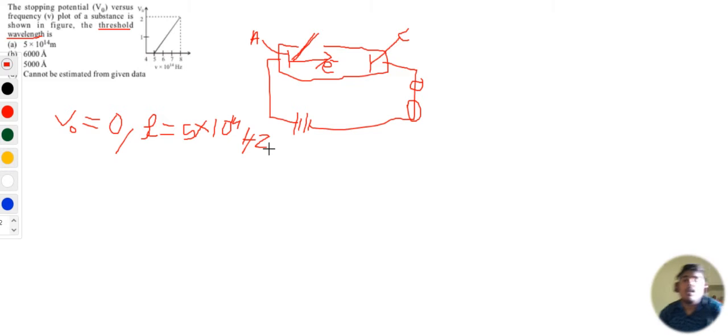Now from this threshold frequency, we have to calculate the threshold wavelength.